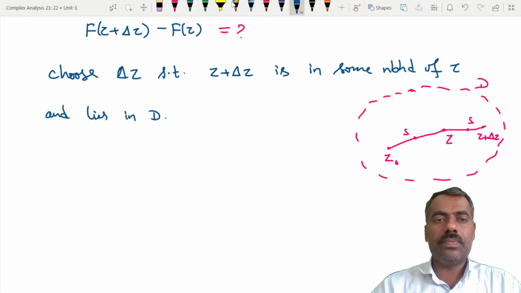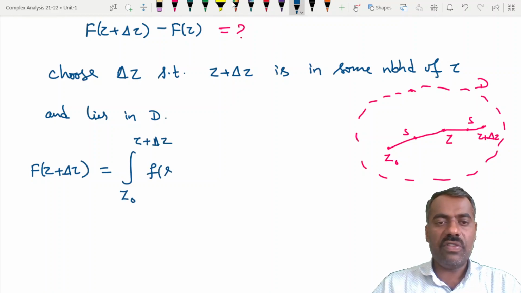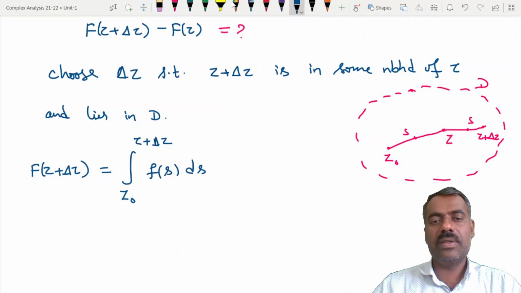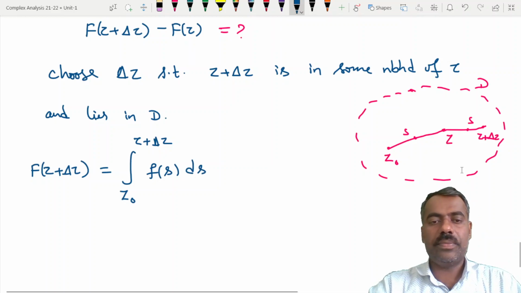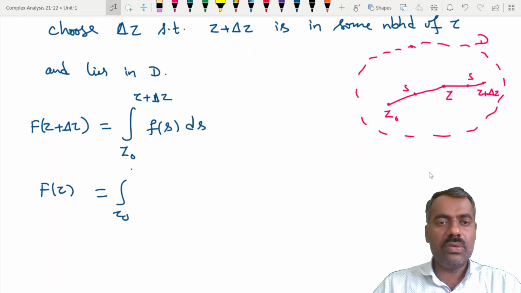For that, f of z plus delta z is nothing but the integral from z naught to z plus delta z of f of s ds, and f of z is the integral from z naught to z of f of s ds.